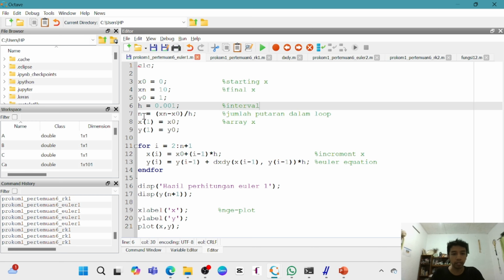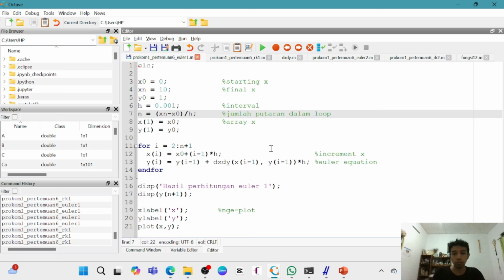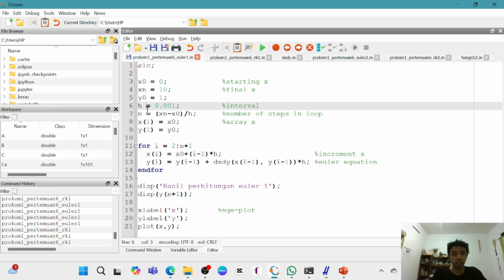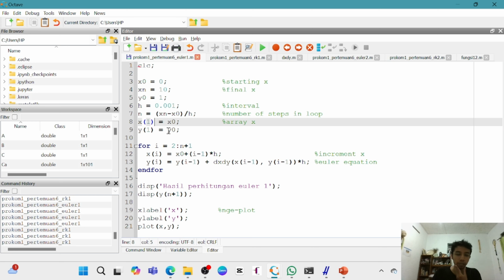Then we have n, the number of steps in the loop. We define it with n. Then x bracket 1 means this is an array, like in the DPK.